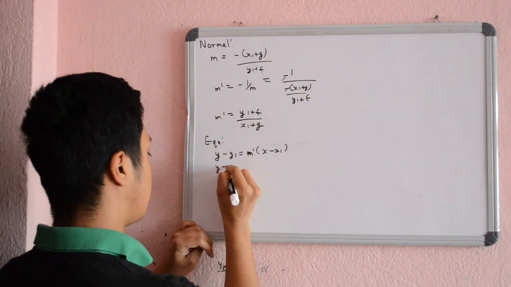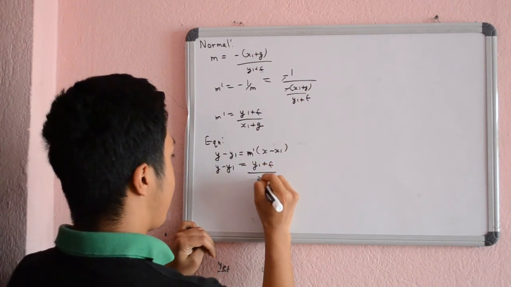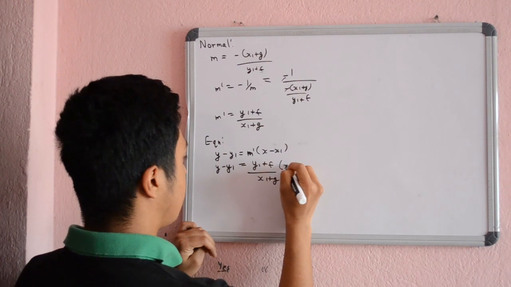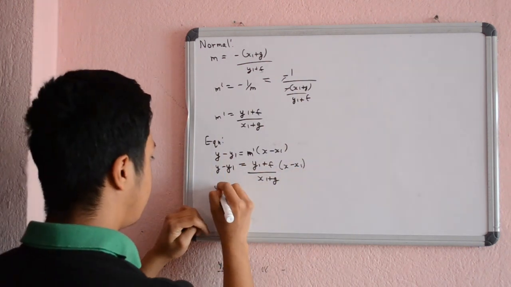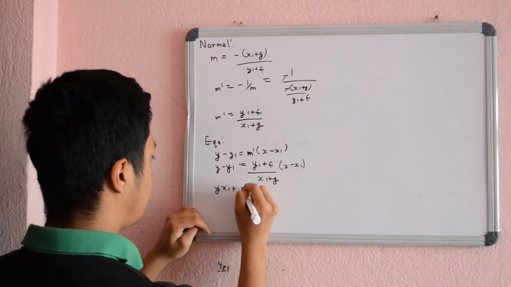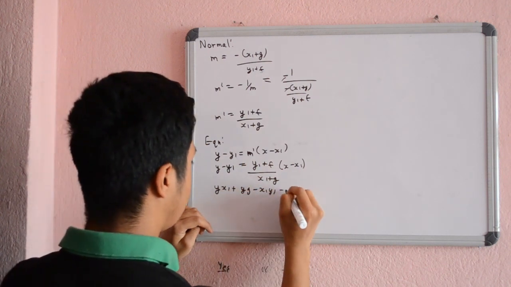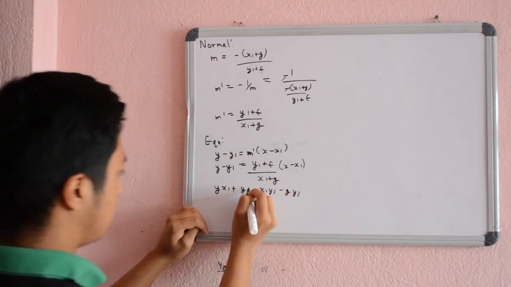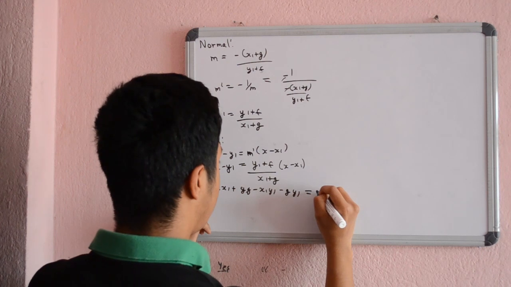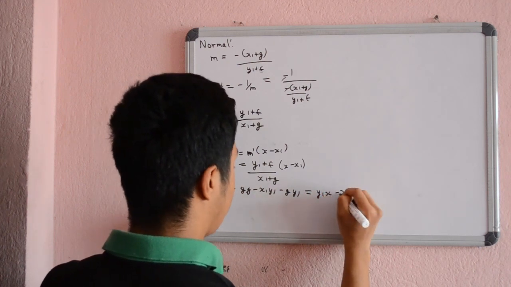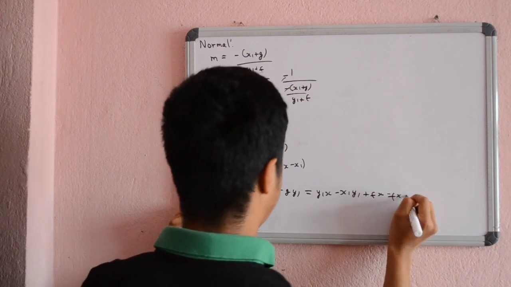You'll have y minus y1 is equal to y1 plus f by x1 plus g, x minus x1, and just distribute. So yx1 plus yg minus x1y1 minus gy1, this is g, is equal to y1x minus x1y1 plus fx minus fx1.